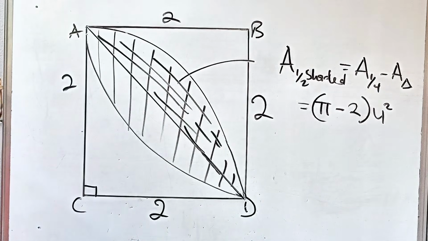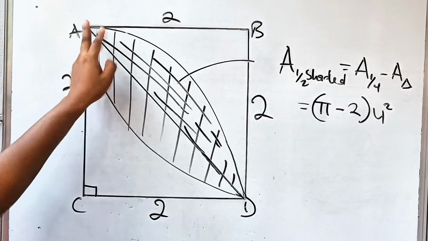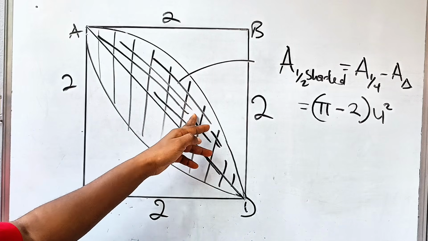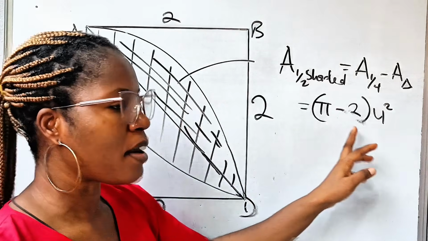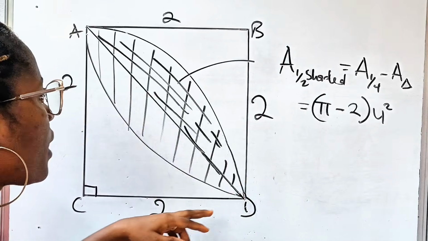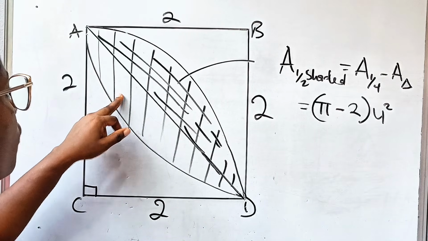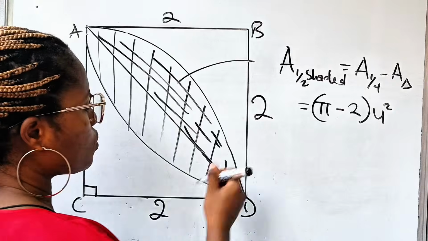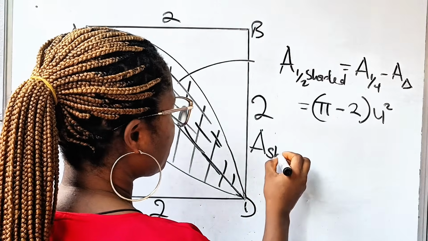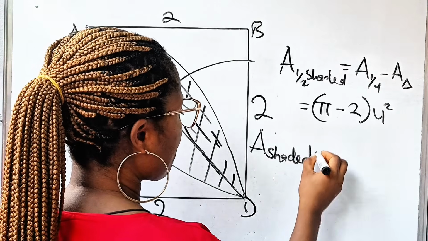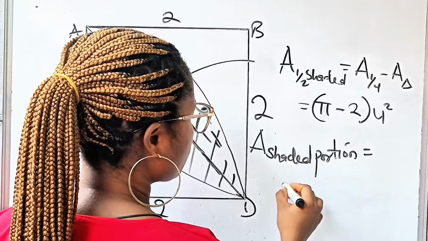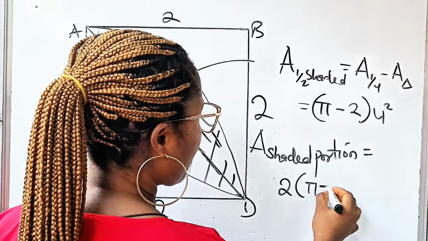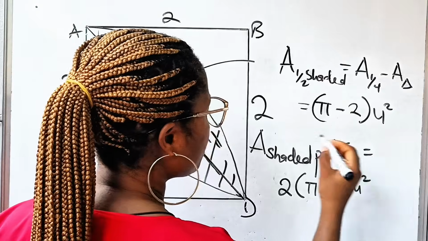But we are actually looking for the total area of the shaded portion. If the area of half of the shaded portion is pi minus 2, that means the area of the whole shaded portion will be equal to 2 multiplied by pi minus 2 units squared.